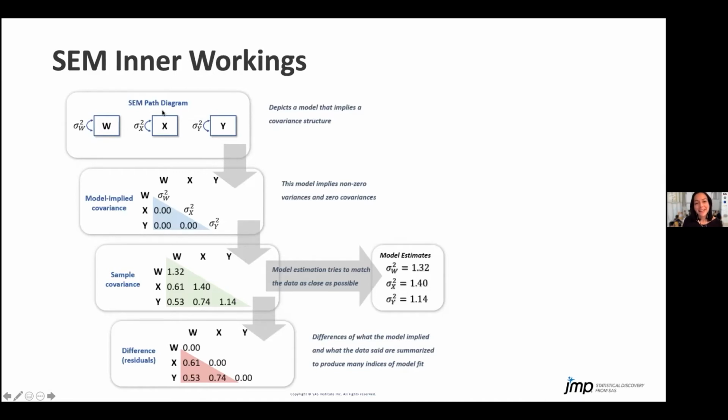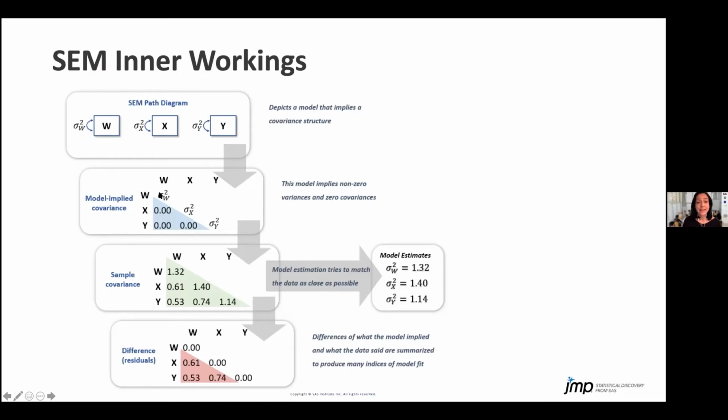And so this diagram is actually depicting and implying a structure in the data. It represents our beliefs, our theory about these data. The second panel shows exactly what that model implied covariance matrix would be.